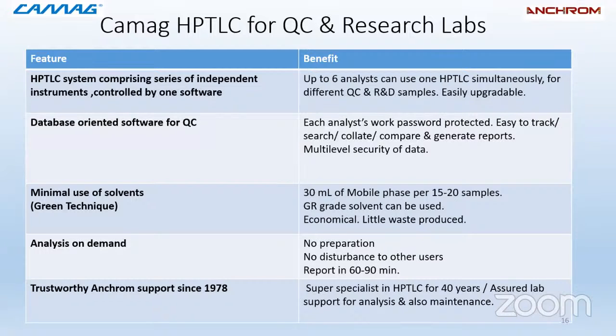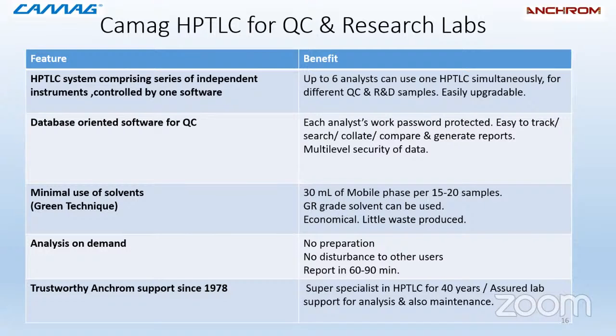We are a team of 14 people in our lab. If one is doing application, some other can go for development, some other can go for scanning. This is how many people can work at the same time on the same system on different projects without interfering in each other's work.